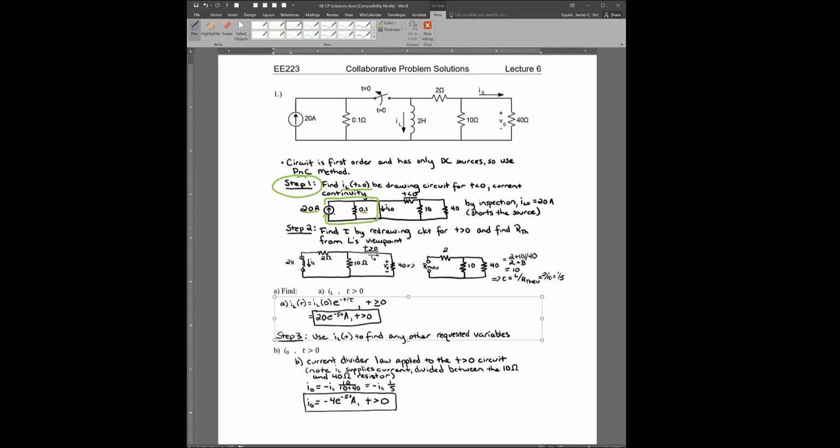So the intuition is that if you've got a current source and it has a choice, it can go through something that has a restriction, or it can go through something that has 0 restriction. It's all going to go through the short. Yeah, that's what I was figuring. I just wanted to ask to make sure.